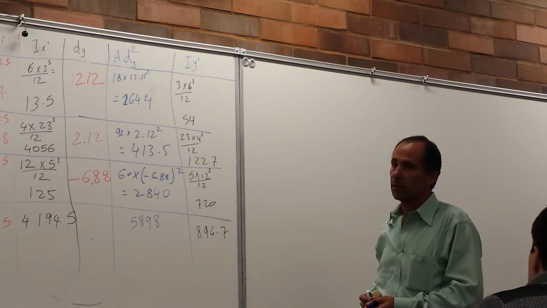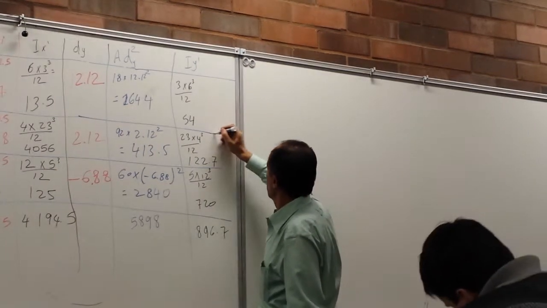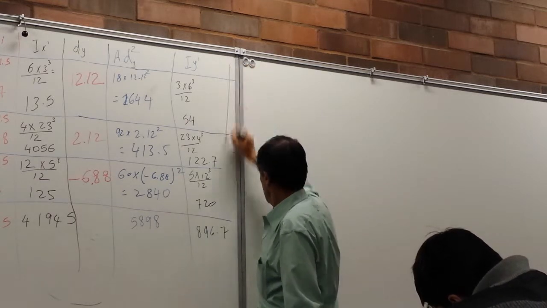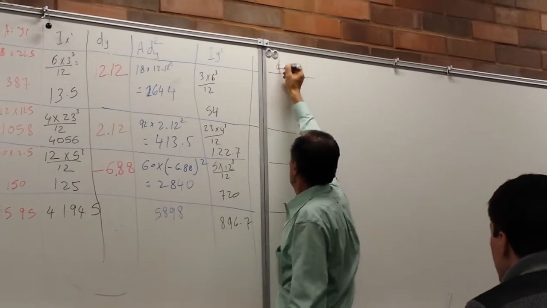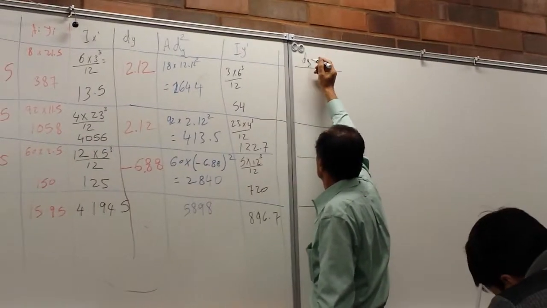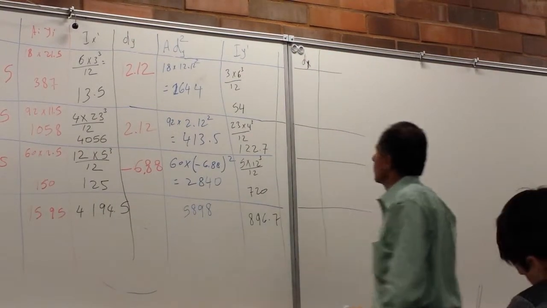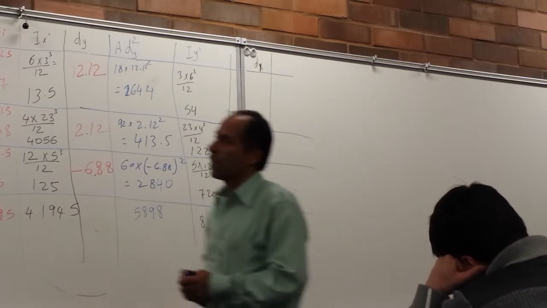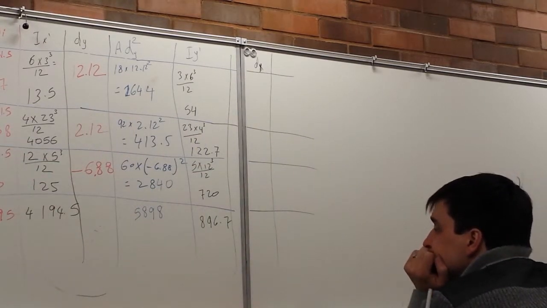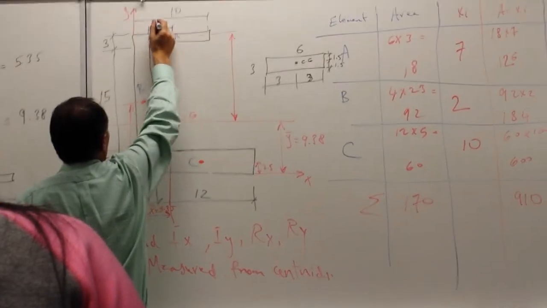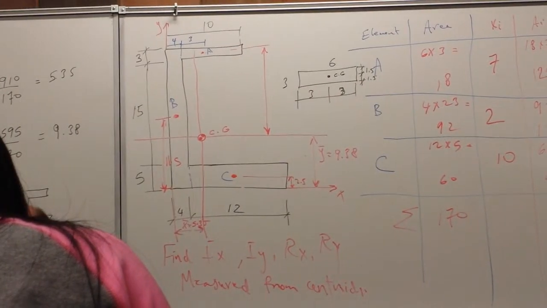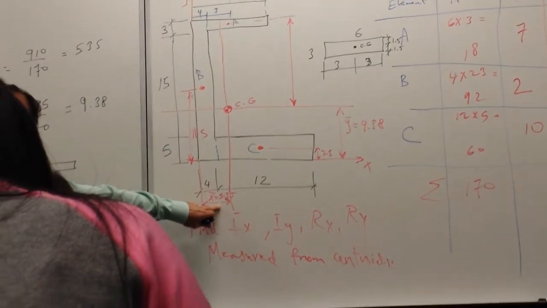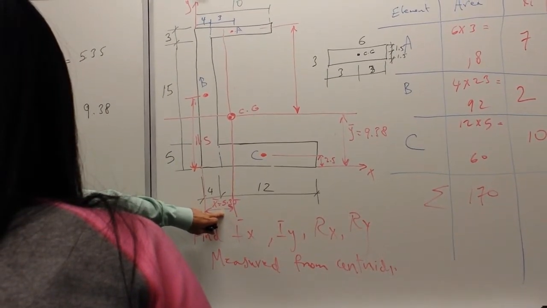It's going to be a big table. Let's move to a couple more: D on y direction, on x direction. D on x direction. First one, the center of gravity is located at 3 here, correct? And 4 here is 7. 7 minus 5.35 is 1.65, correct?